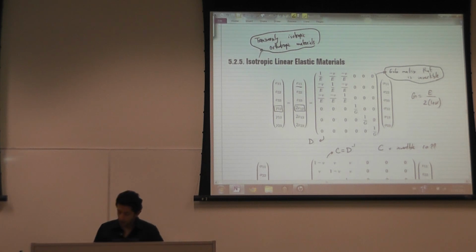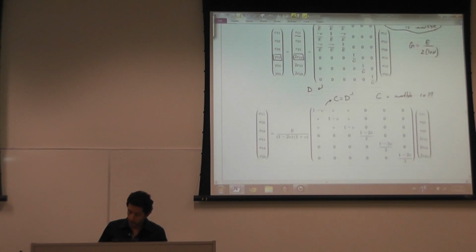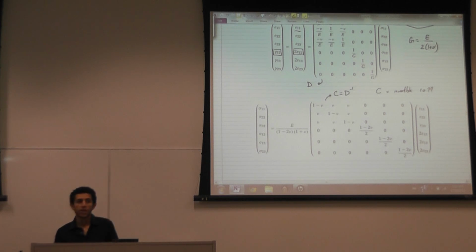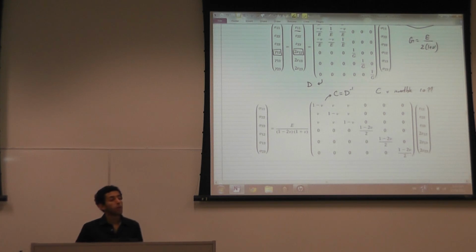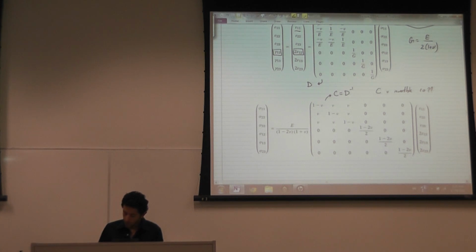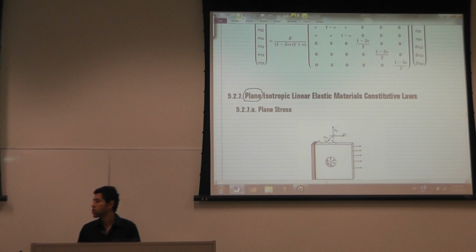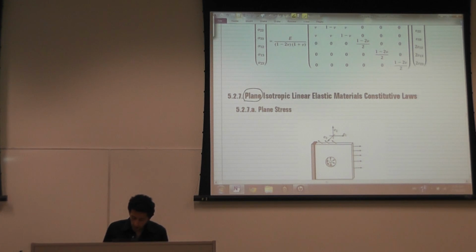Now, in many cases, this is a 6 by 6 matrix, with 6 values of stresses and 6 values of strains, but we can further simplify the problems whenever we have symmetry, and we make the problem into a plane problem rather than a three-dimensional problem. Now, this is only valid in the following cases.